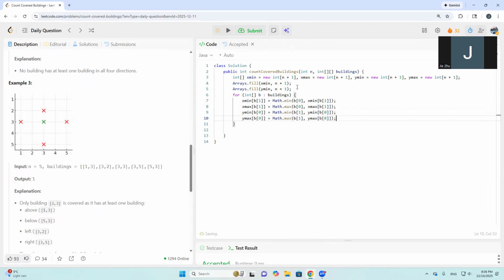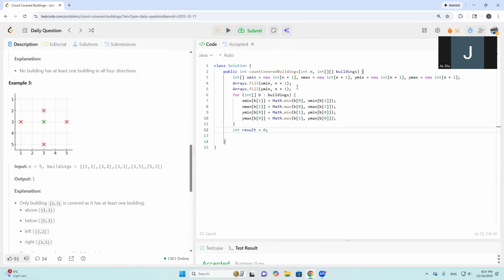Then we go through the points again, trying to see for every building whether there is an x min smaller than the current one and an x max greater than the current one.